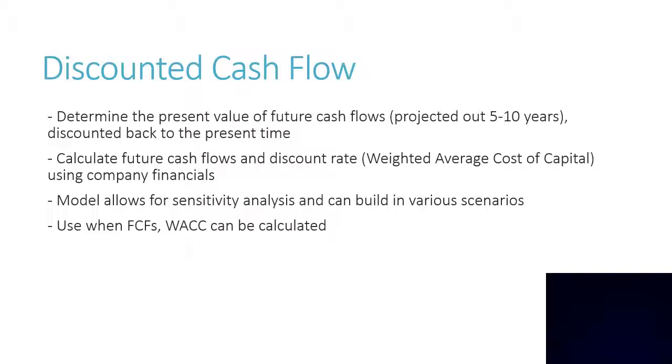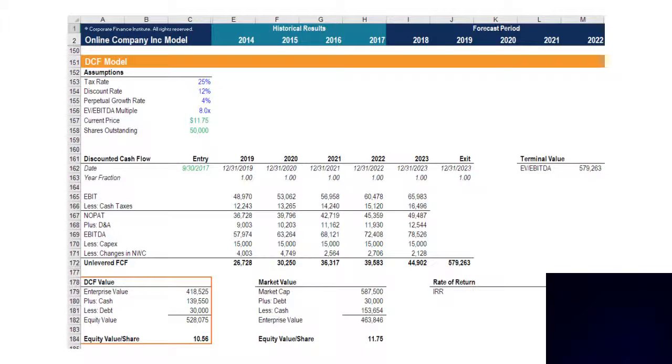DCF purely uses a company's financials and some multiples here and there. The model is also nice because it allows for sensitivity analysis, and it also allows for you to build in various scenarios.